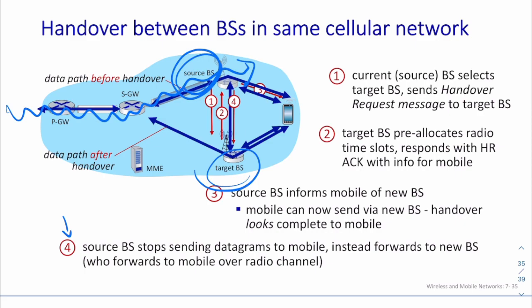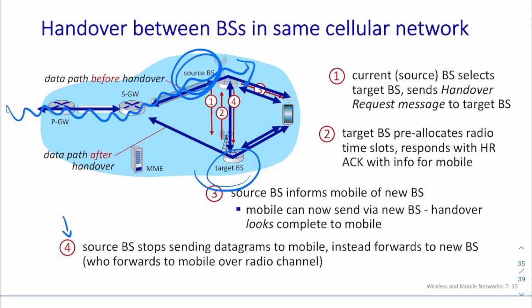Because you leave your original source BS, the source BS stops sending datagrams to the mobile. Instead, it forwards the ongoing packets to the new BS. So the new BS will later forward the ongoing packets, the ongoing datagrams, to your UE.